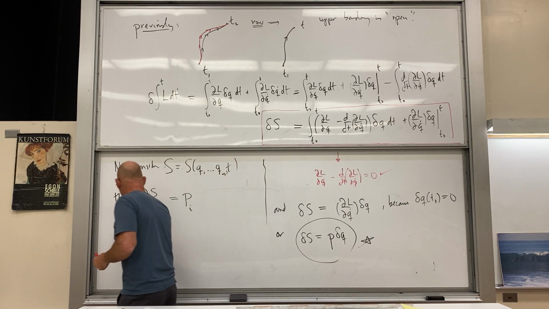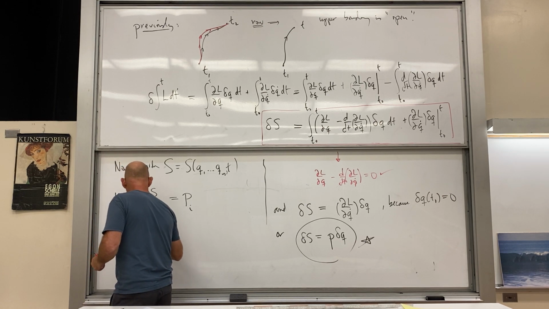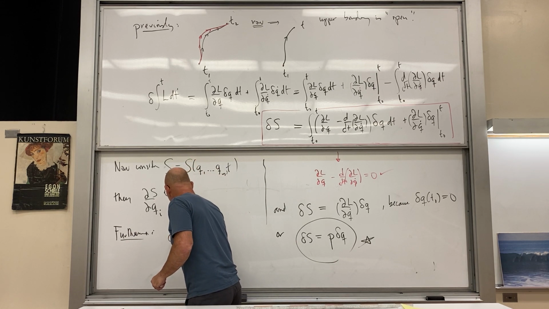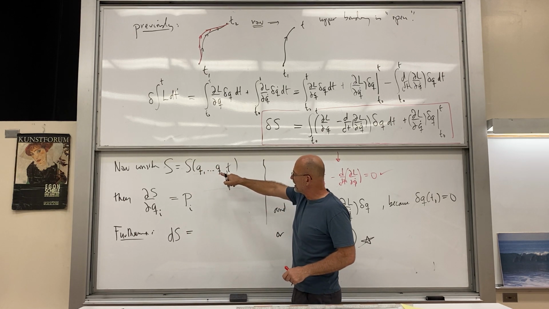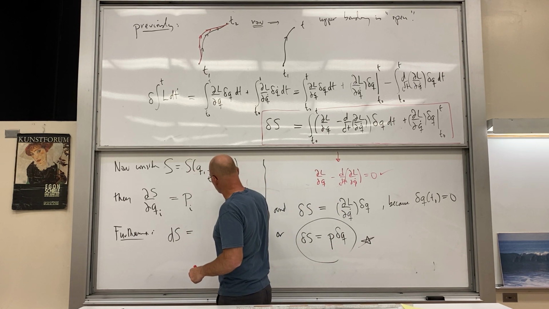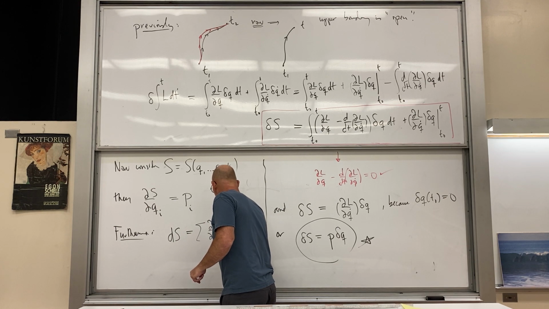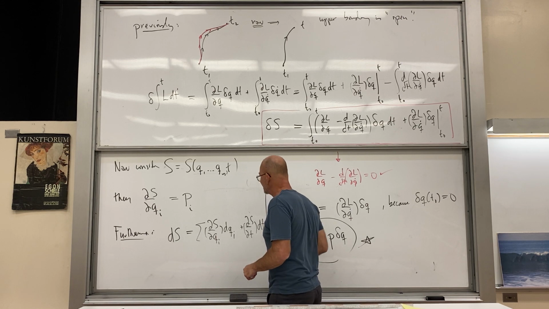Furthermore, we put this all on one board. Furthermore, if we take the total differential of a function of the coordinates and time like that, then we would have the sum over ∂S/∂qi dqi plus ∂S/∂t dt.